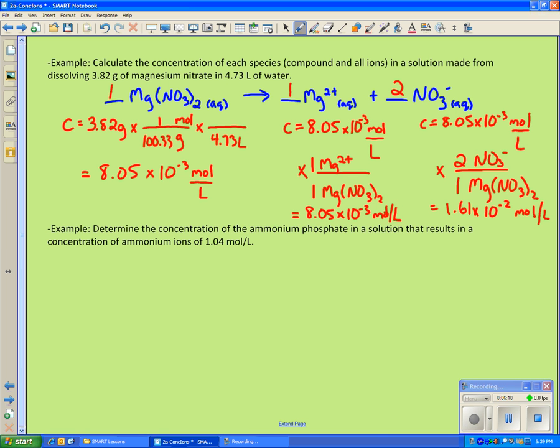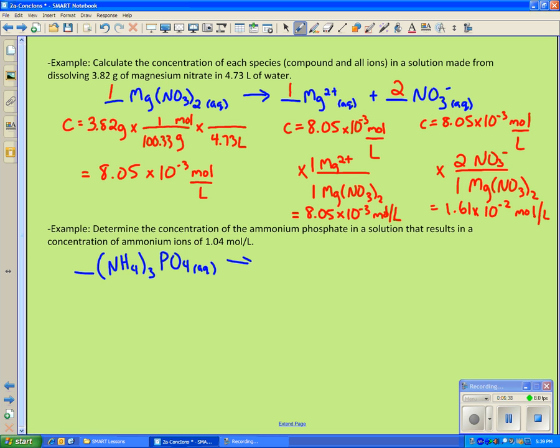The last one we're going to look at reverses this process. In this one, we have the concentration of ammonium ions, and we want to find the concentration of the original solution. So again, dissociation. So ammonium phosphate, we will have NH4 in brackets 3PO4.